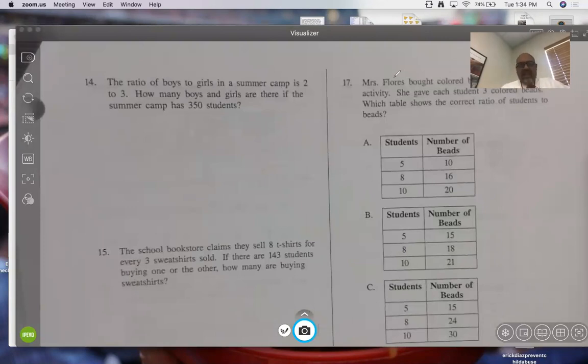Now the question is, how many boys and girls would there be if there are 350 students? So how are we able to figure this one out? This one's a little bit tricky, okay? I want to give you a minute or so to work out some different ways to get this answer.